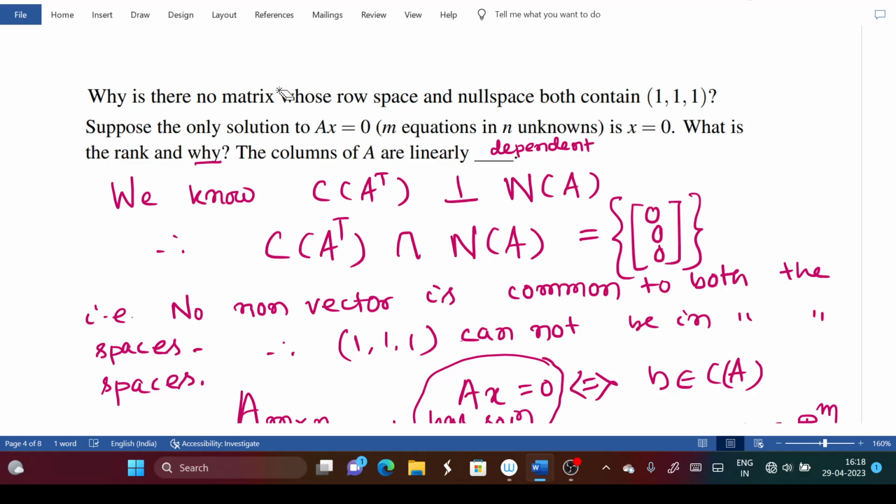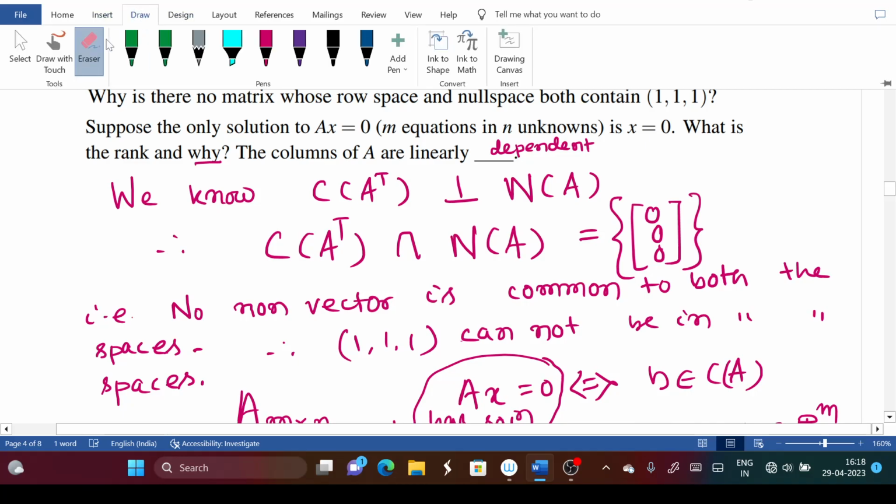Suppose I have 4 columns and 3 rows. Then in that case, the columns are dependent. If the number of columns is equal to the number of components of B, that is the number of equations, the number of columns is equal to the number of rows. In that case, it is linearly independent, or else it is linearly dependent.